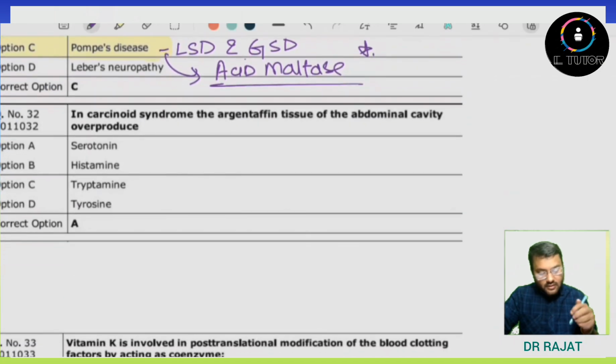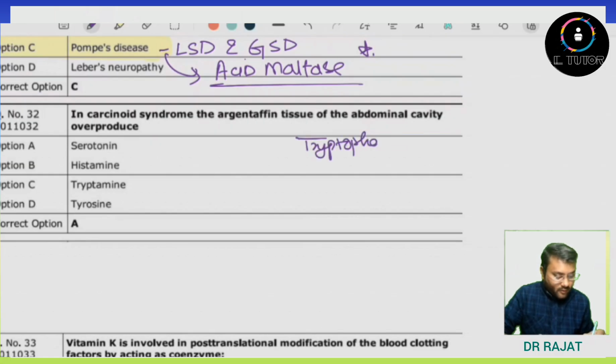Next question: in carcinoid syndrome, the argentaffin tissue of the abdominal cavity overproduces. Normally, tryptophan is converted into 20% niacin and 80% serotonin.